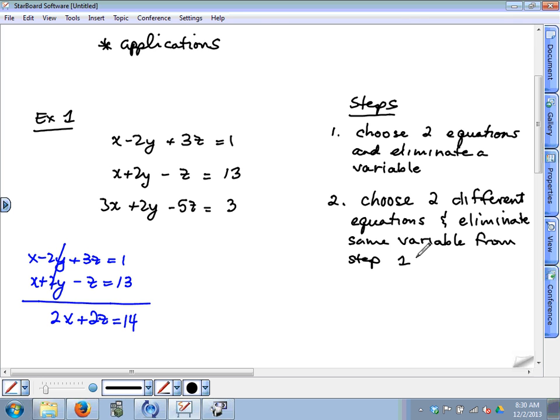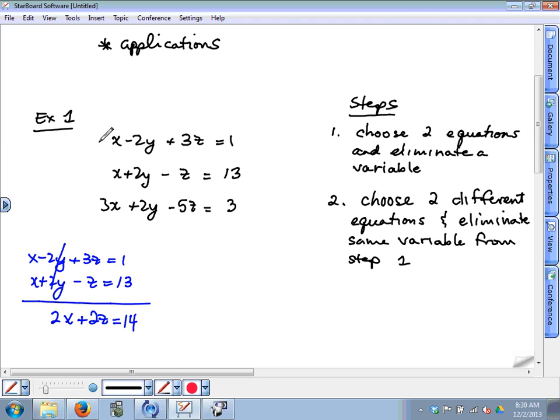Why would we need to do that? From step 1, we came up with an equation in terms of x and z. Because if you eliminate different ones, you still have 3 variables. Exactly. But in step 2, if you eliminate the same variable, you're going to end up with another equation in terms of x and z. And you can perform the same methods we learned last time from 10.1 and solve for 2 variables. So you have to choose 2 different equations. You can't choose the same 2 equations.